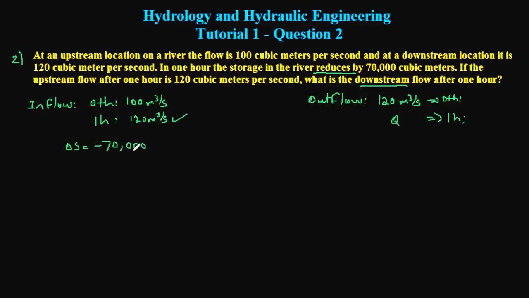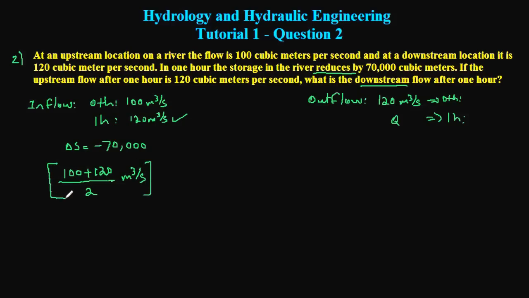Therefore, the storage volume is negative, and that means in order to solve this question, we have to compare the volumes of inflow and outflow after 1 hour and equate it to the delta volume that's given in 1 hour. So in 1 hour, the volume of inflow is the average, which is 100 plus 120 over 2 meter cubed per second.